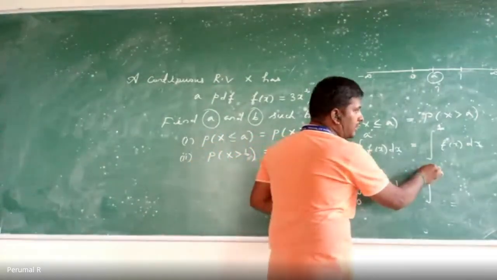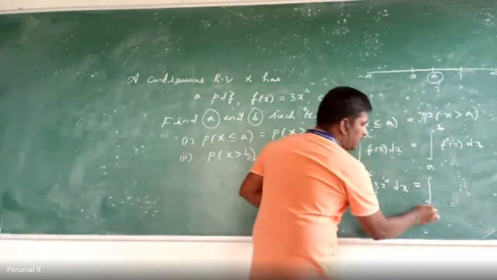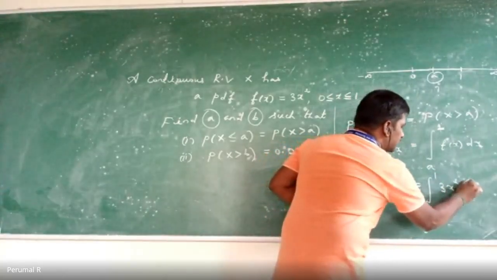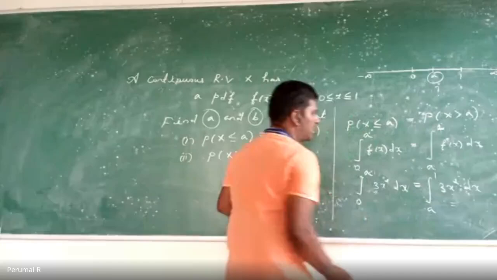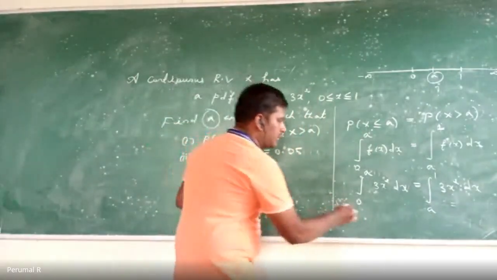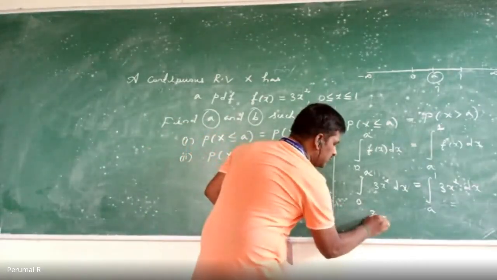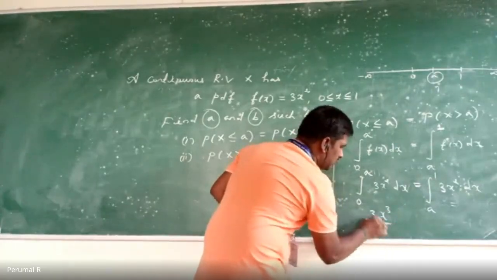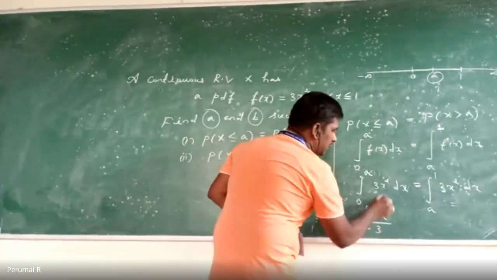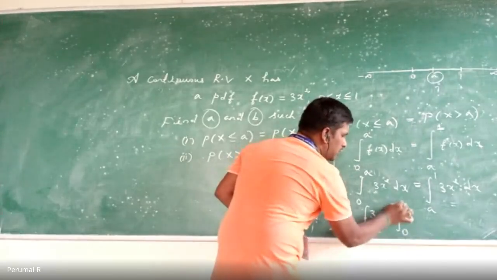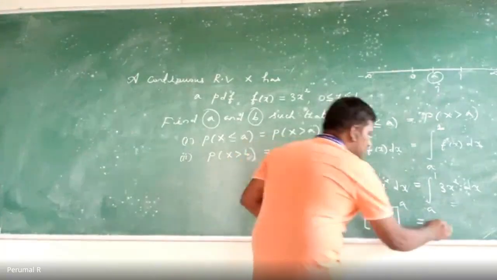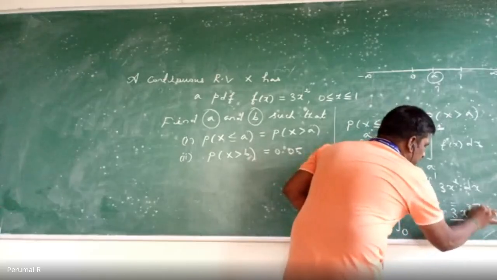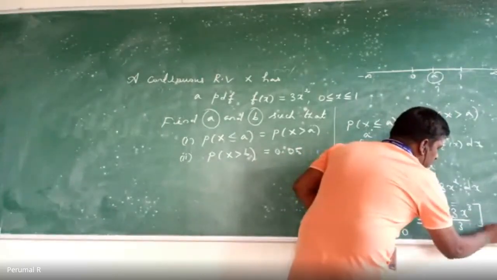Considering a is positive, a to 1 is also 3x squared dx. Okay, 0 to a. So here 3 x cube by 3, limit from 0 to a. Here also 3 x cube by 3, limit from a to 1.